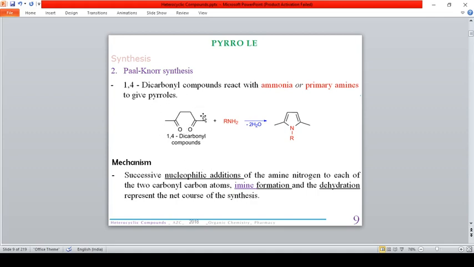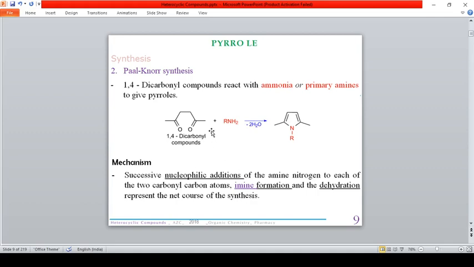So what is happening here? Here we have a 1,4-dicarbonyl compound and it has 2 methylene groups at its terminal ends and it is reacting with the primary ammonia. 2 water molecules are released and it forms a substituted pyrrole.